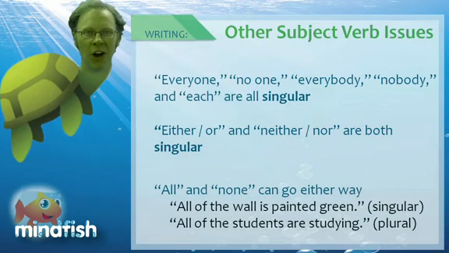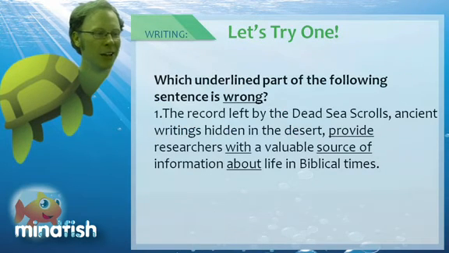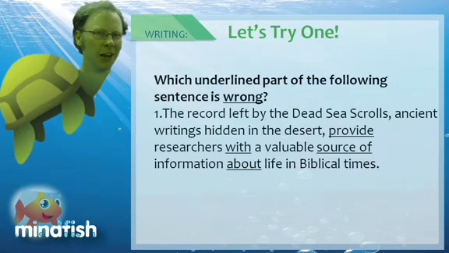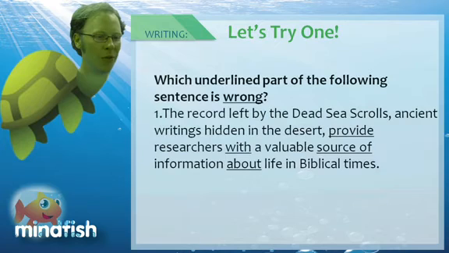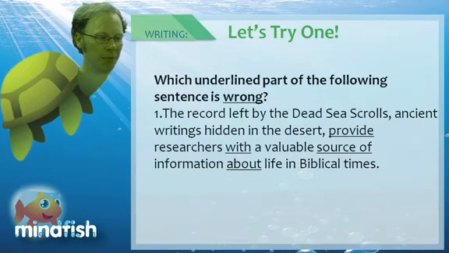Let's have a look at a couple practice questions that test subject-verb agreement. Which underlined part of the following sentence is wrong? "The record left by the Dead Sea Scrolls, ancient writings hidden in the desert, provide researchers with a valuable source of information about life in biblical times."